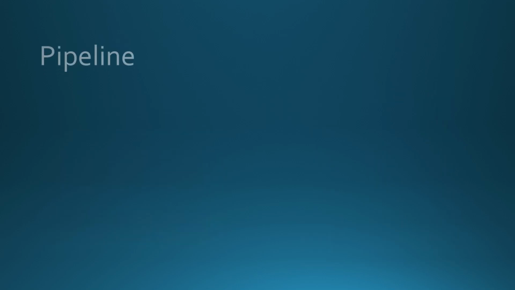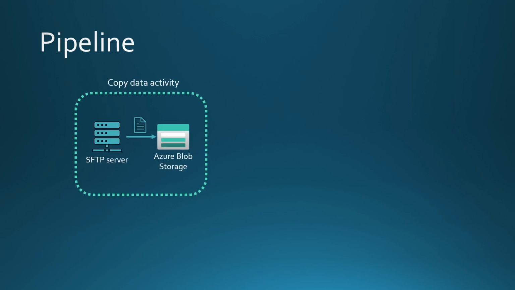And when we start logically grouping activities together, we get a pipeline. So basically, as an example, in the pipeline first, we could have a copy data activity that would copy data from the SFTP server to Azure Blob Storage. This would be activity number 1 in our pipeline.